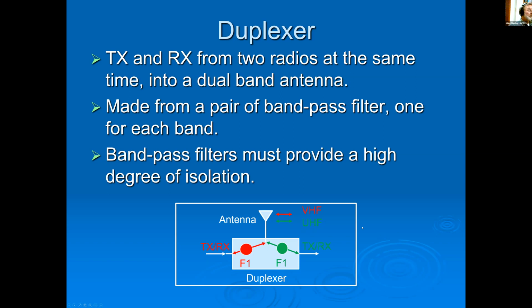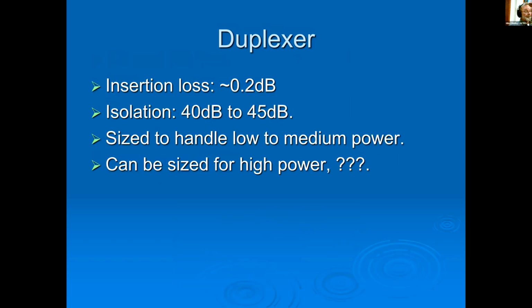So this particular guy has an insertion loss of about 0.2 dB. You're going to end up having more losses going through your connectors than you will from the actual duplexer in there. Isolation between the transmit and receive on the different bands is going to be somewhere between 40 to 45 dB.